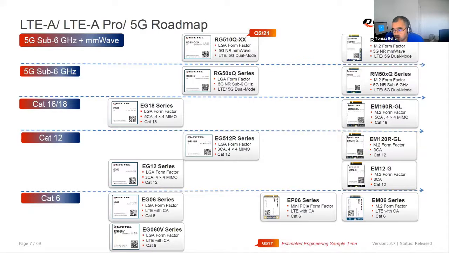So I would suggest for every new design of such a device, where you are putting an interface, to put an M.2 slot, because this slot continues also in 5G modules.